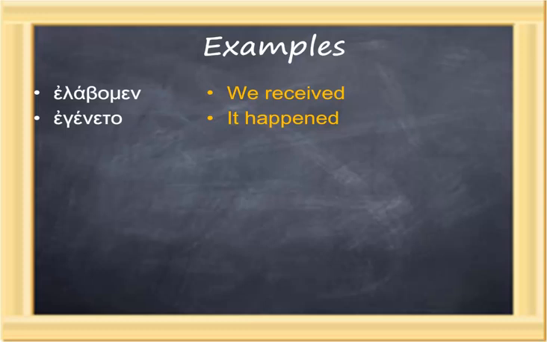This form is often translated, it happened. Notice the one-letter difference with egineto. Gin is the present stem. Gen is the aorist stem. So if it's built on the present stem, it's imperfect. It was happening.